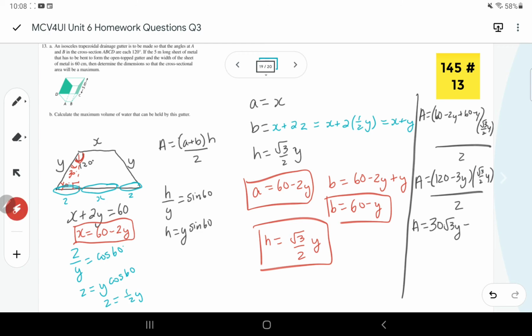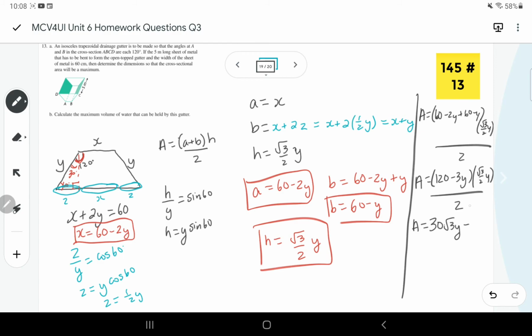So I'm going to have 30 root 3y minus, and now multiplying this in with this 3, it'll be minus 3 root 3 over 2 here, and then that other over 2 will be over 4. So 3 root 3 over 4y squared. So the derivative of the area is going to be 30 root 3 minus 6 root 3 over 2y.